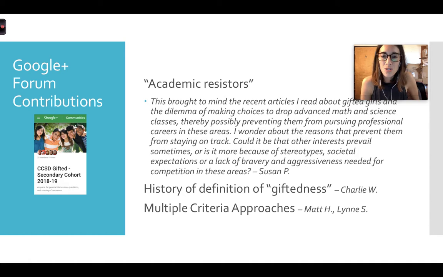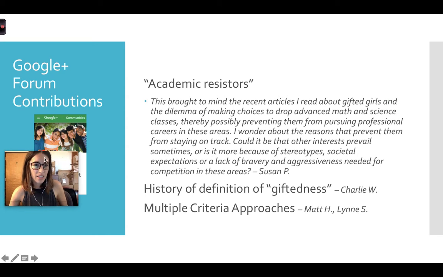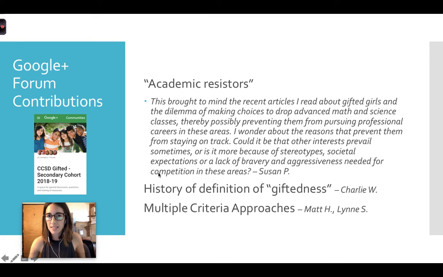Susan Poss has an interesting post on the forum, brought up by the academic resistors, about gifted girls, where she was reading that they tend to drop advanced math and science classes, preventing them from pursuing professional careers in those areas, which is true.